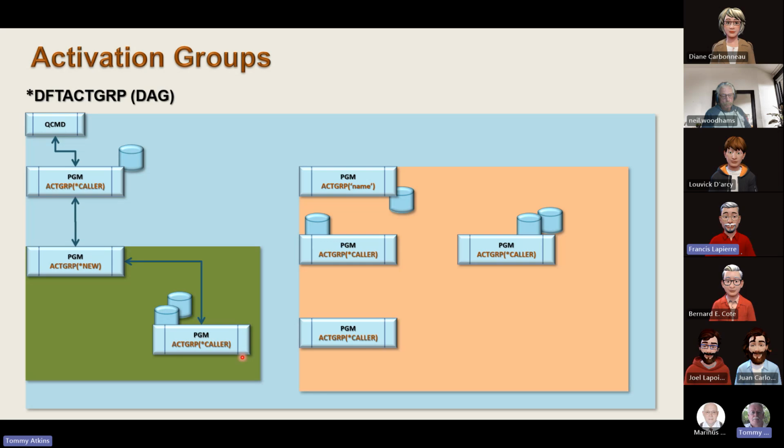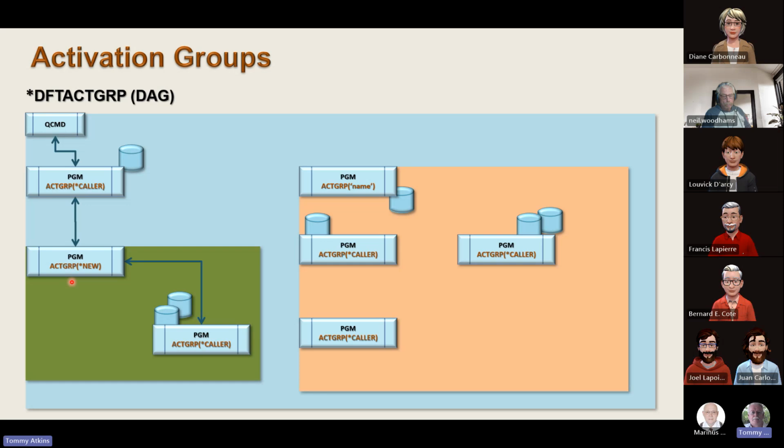I'd prefer to have a rollback instead of a commit, in the way that we have a program failed. Yeah. It'll roll back if the activation group ends with an error message, an escape message. And this is the only program that can end the activation group. You always have to go out through the program you came into.